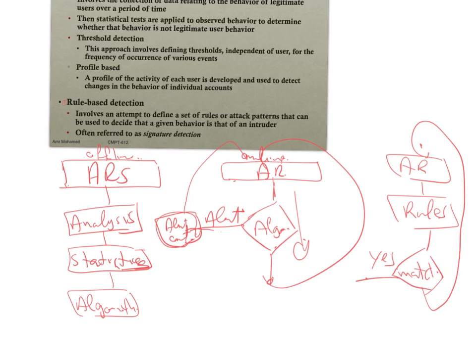Okay? But in many cases, these rules are also created as a result of analyzing the historical audit records of the system. But unlike the statistical method, where the algorithm might be complex, based on machine learning or an expert system or something like this, the rule base is based on matching against certain rules. That's it. Is the difference clear? Okay.